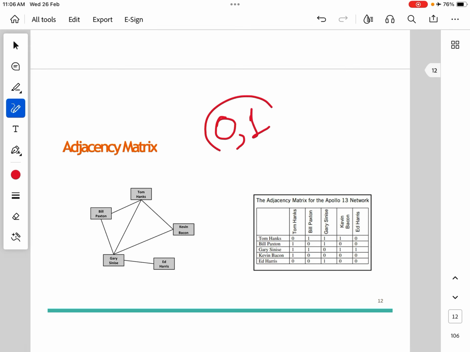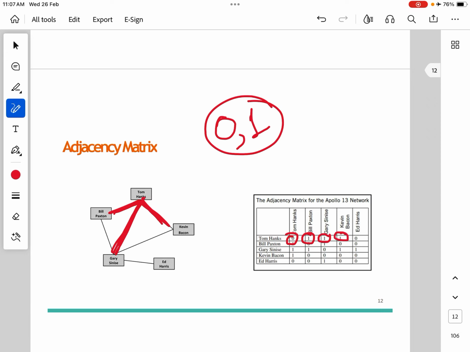So in the adjacency matrix, Tom Hanks, comma, Bill, there is an arrow, so here we'll write a 1. Tom, comma, Tom, there is none, so we'll write 0. Then Tom, comma, Gary, you have that, so we'll write 1. Tom, comma, Kevin, there will be a 1. So there will be 3 ones.